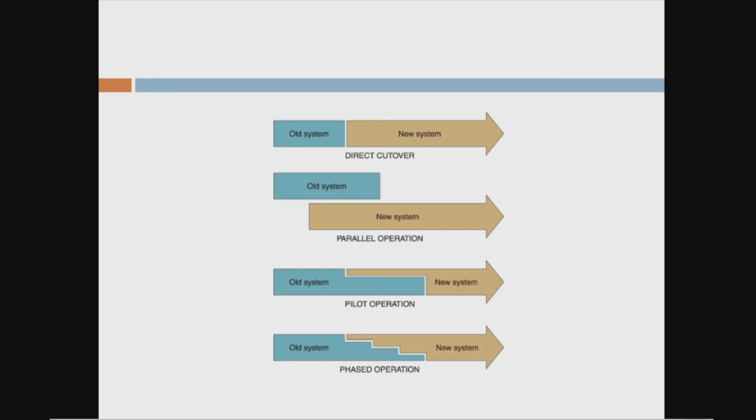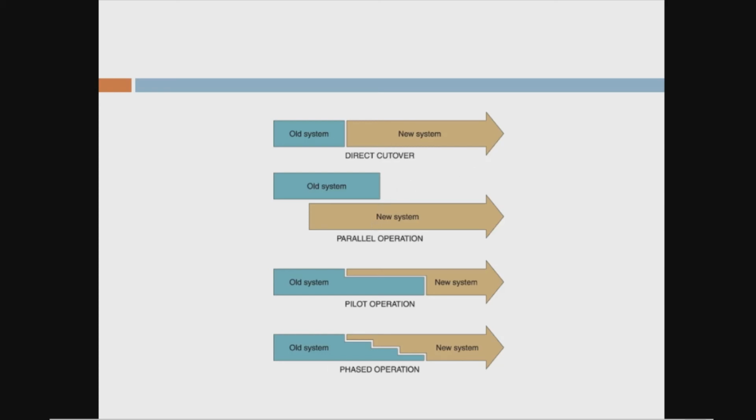The second is the parallel operation. Parallel operation means we run it simultaneously. At this point we have the old system, and at this point the new system is already ready, so we want to install it. We run the old system, and at the same time we run the new system. Why do we do the parallel?